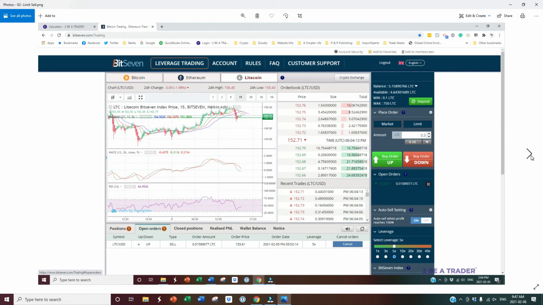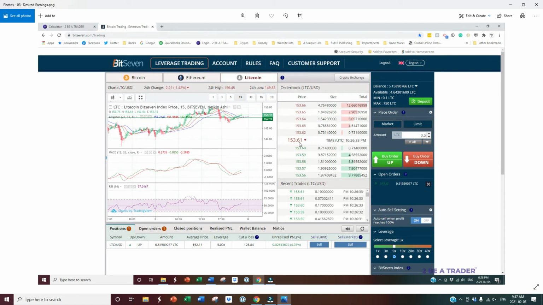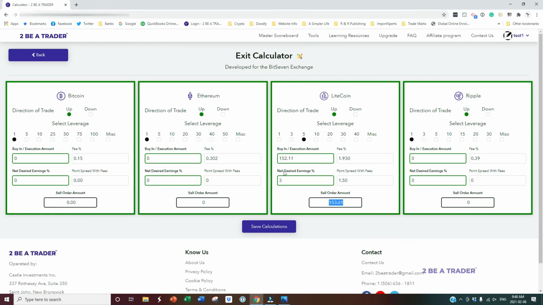So when it reaches 153.61, my open order, which is my limit sell, will get activated, and you can see right here that at 153.61, when I purchased it at 152.11, the unrealized P&L on the BitSeven Exchange is 4.93. 4.93% is the 1.93% that the exchange is going to charge you, and it's my 3% net earnings.